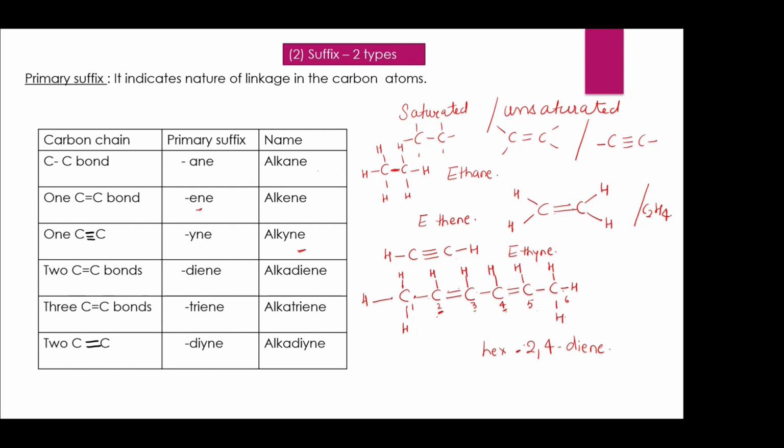Like this we have to name the organic compound. If there are two C triple bond C, then the prefix will be diene. For example, here C triple bond C, one hydrogen here and no other hydrogen because all the 4 valencies are satisfied here.